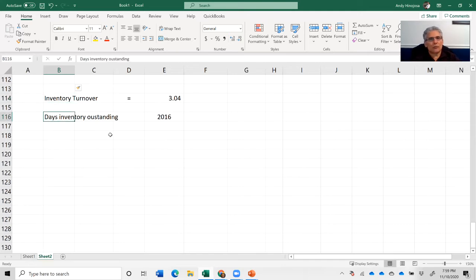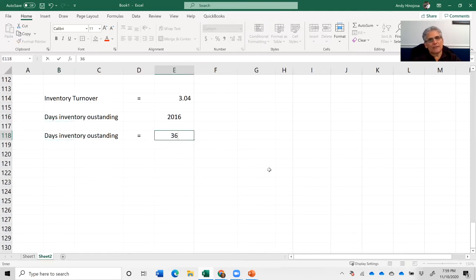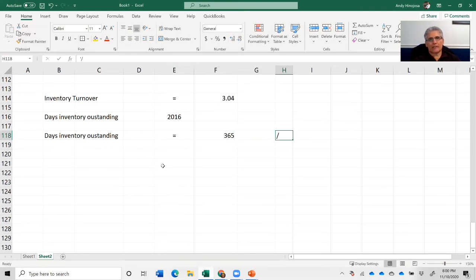So days inventory outstanding for 2016, the formula is going to be days inventory outstanding is equal to 365, which represents the number of days in a year, divided by the inventory turnover rate. Now, the good news is we've already computed the inventory turnover rate.